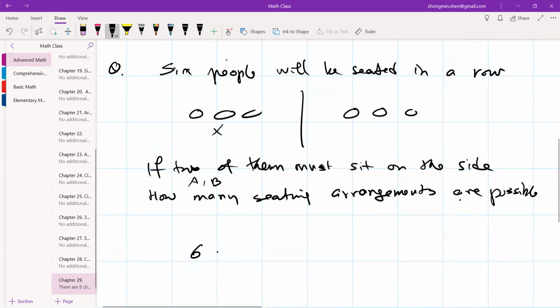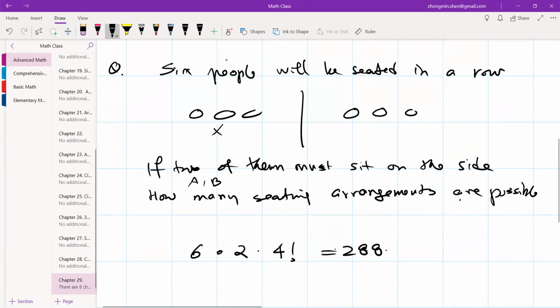Then the second step is you let B select a seat. But B only has 2 choices, because if A sits on the left-hand side, B has to go to the left-hand side, and then there are only 2 seats he can choose. Then there are 4 people left, 4 seats left, and you can just randomly arrange them. So it's 4 factorial. So that is the answer. If you multiply them out, then you get 288, right?